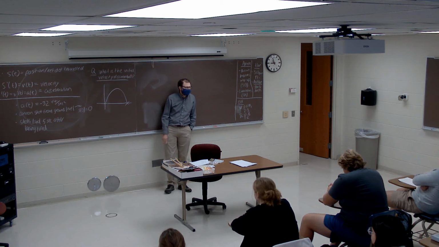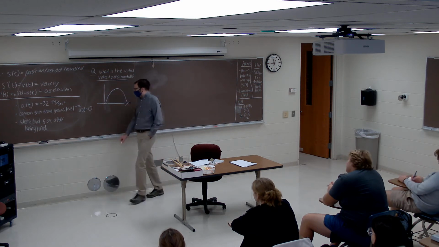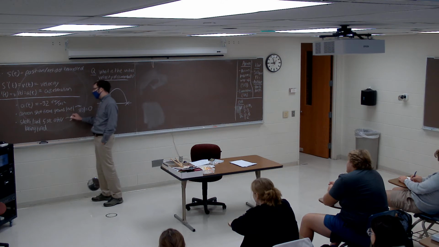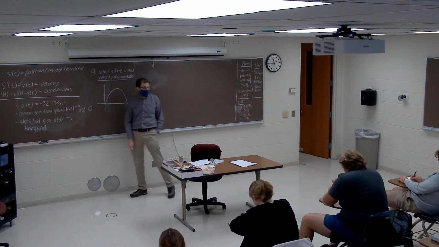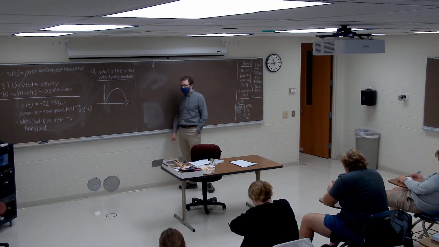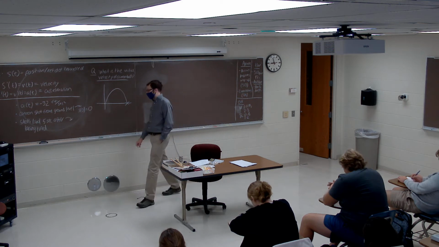Josh? You could use s of 5 and find the position of it when it lands, and then figure out with that your distance per feet per second, maybe. Yeah. I think instead of saying something about v of 5, this third bullet point is actually telling us something about s of 5.